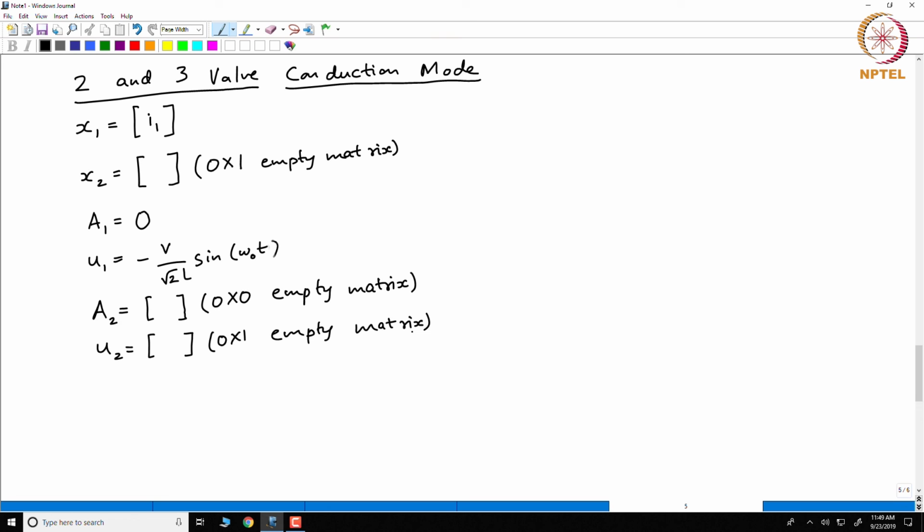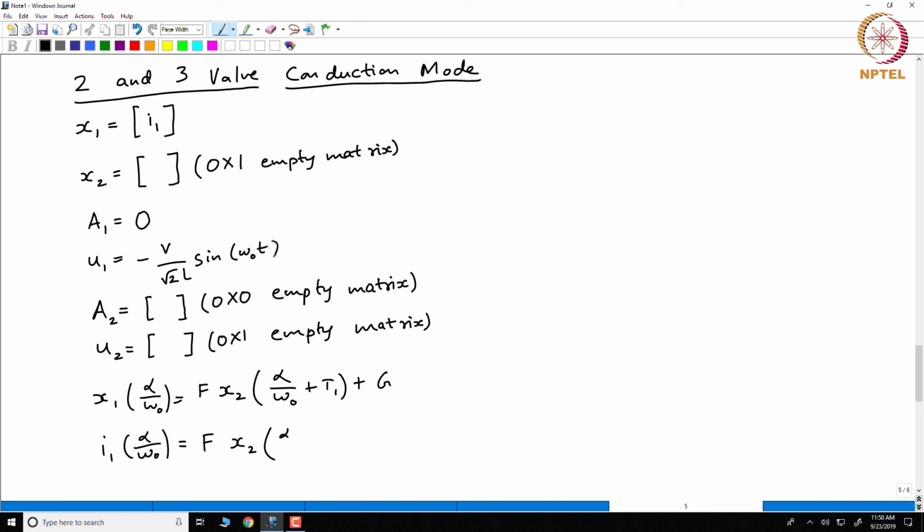So how to find F and G? I have the relation x1 at alpha by omega O is equal to F into x2 at alpha by omega O plus T1 plus G. Now x1 is nothing but I1, which is equal to F into x2 at alpha by omega O plus T1 plus G. What is x2? x2 is empty.